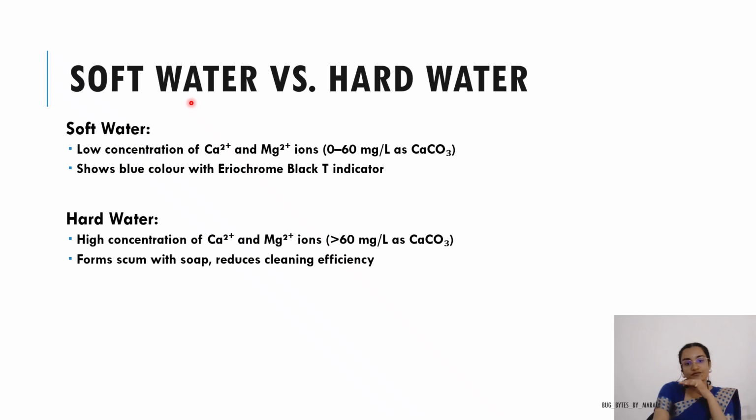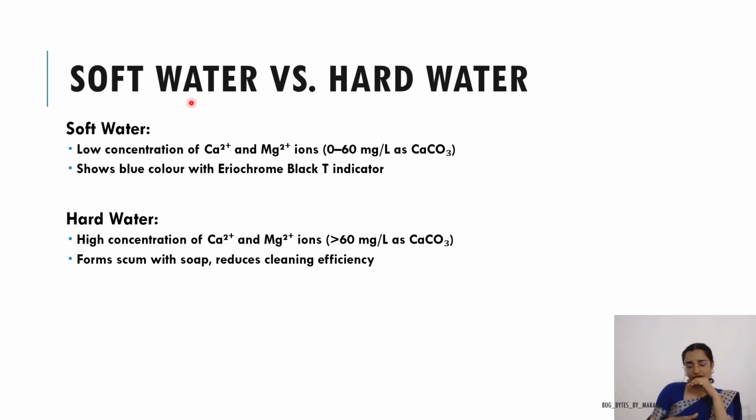It doesn't form any scum with soap, so soap lathers easily. It is mainly preferred for domestic as well as industrial use, where scaling must be avoided. If you add EBT indicator, Eriochrome Black T indicator, to soft water, the water turns blue in color, indicating that the water is soft. We'll be discussing this indicator in a further slide.